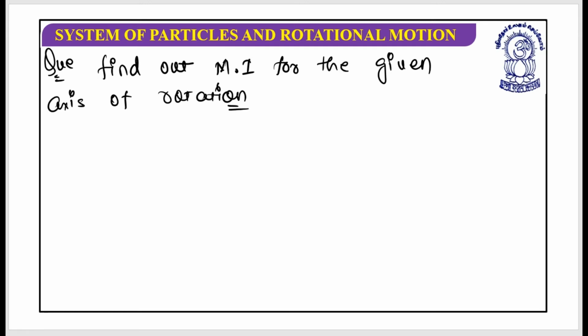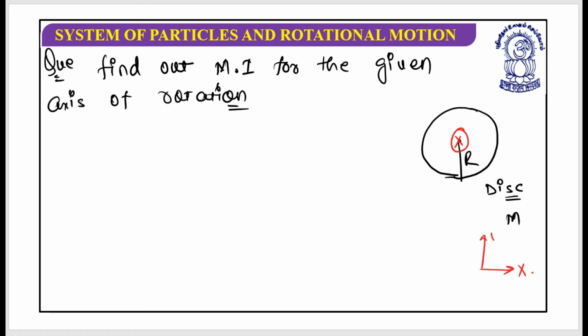So let's suppose this is a disk having mass m, this is its center, and let's say the radius is r. Which axis does it rotate about? We say that this is x, this is y, and the z axis is perpendicular to this too.